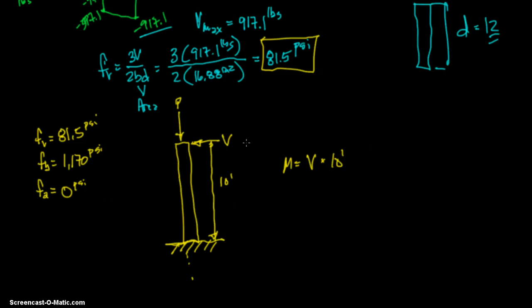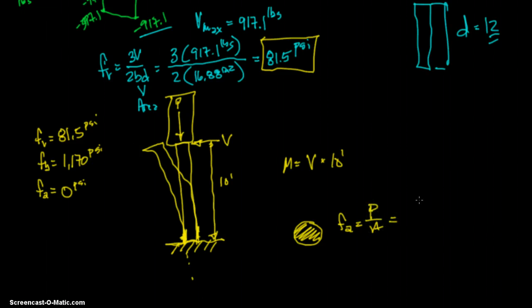So if you think about it, it's going to deflect this way, right? So it's going to be compression on this side and tension over here, and you also have compression. Let's say it's just a steel pole, and you have axial compression, or axial stress equals P over A, and let's say it's 100 psi.